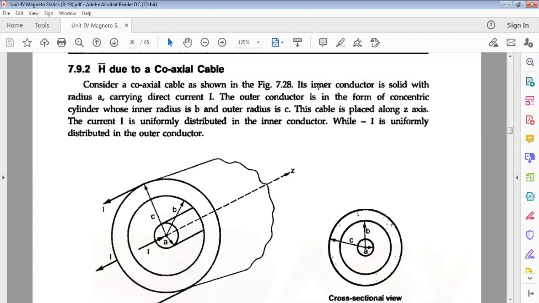Consider a coaxial cable as shown in the figure. Its inner conductor is solid, with radius a, and carries direct current I. The outer conductor is in the form of a concentric cylinder, with inner radius b and outer radius c.